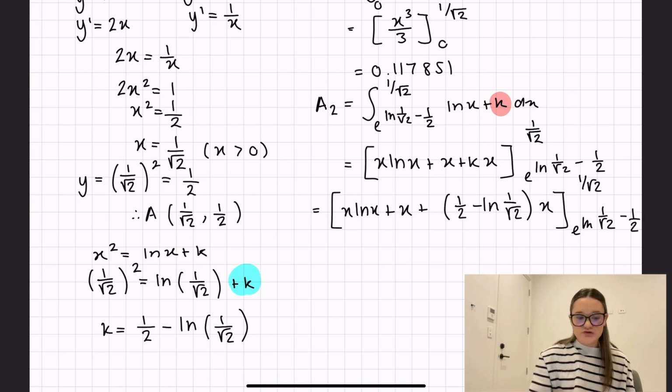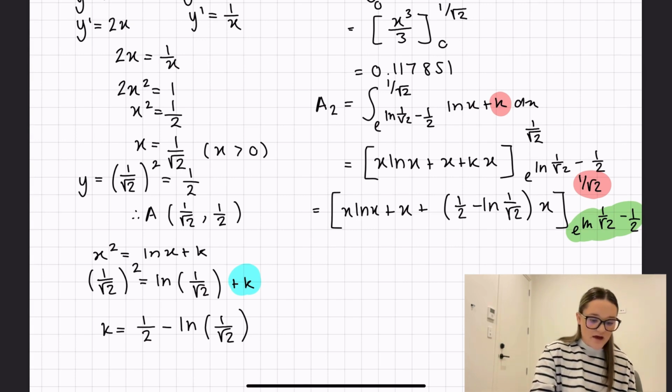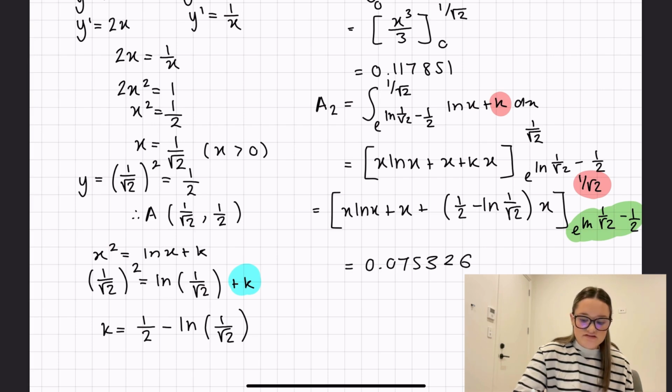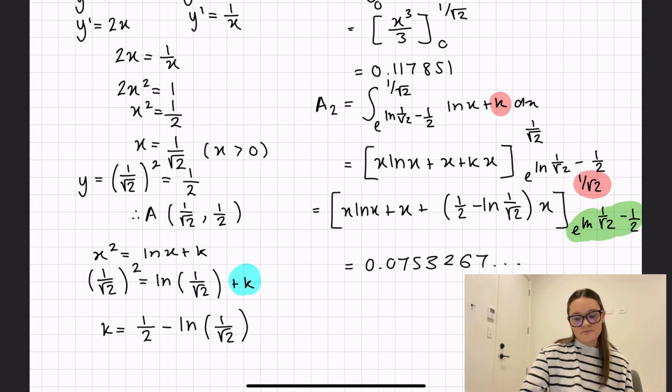All you would do here is substitute first with your x equal to 1 on root 2, and then with your e to the ln 1 on root 2 minus a half. And what you get there is that this value here is equal to 0.0753267, and so on.